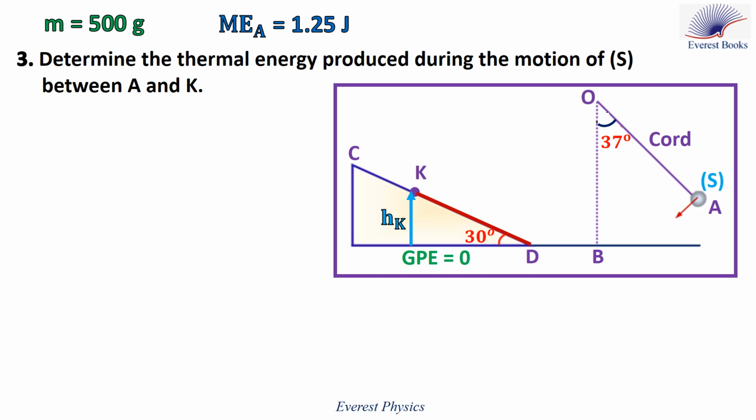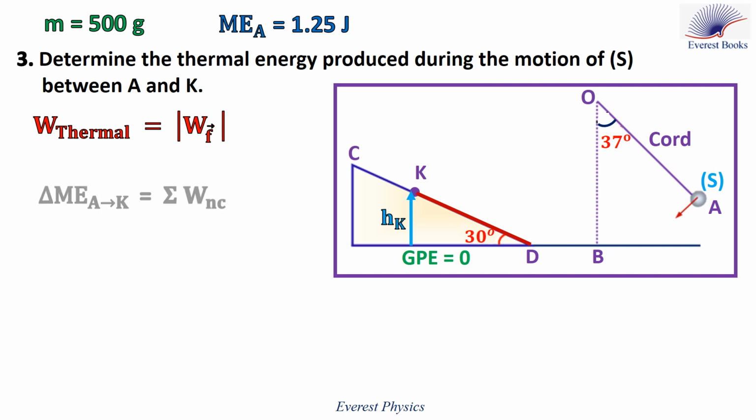Part 3. Determine the thermal energy produced during the motion of S between A and K. We know that the work done by the friction forces results in transformation of the mechanical energy into thermal energy. So the thermal energy, or W thermal, equals the absolute value of the work done by the friction forces.